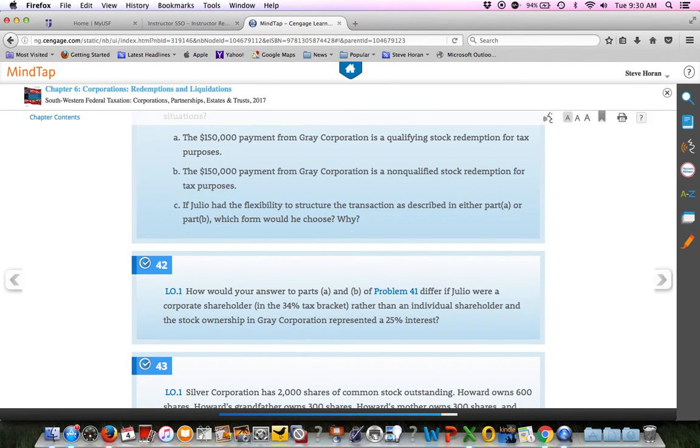Question 42, how would your answer to parts A and B of problem 41 differ if Julio were a corporate shareholder in the 34% bracket rather than individual shareholder and the stock ownership was 25%? So now he's a corporation as opposed to an individual.